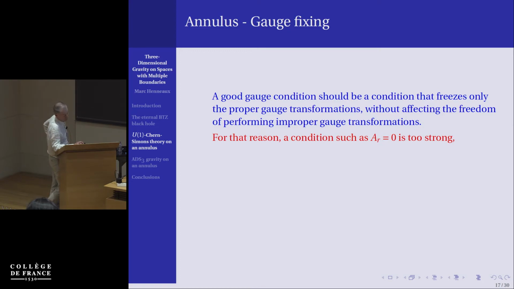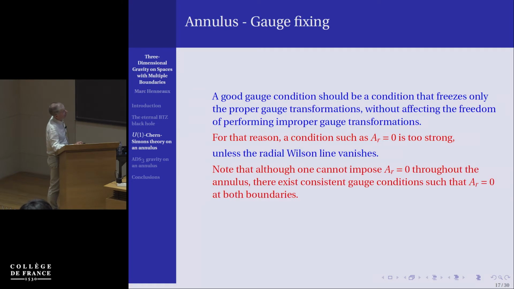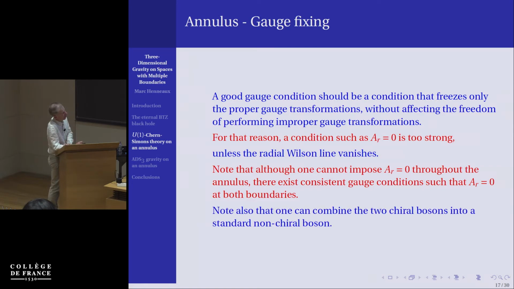So in general, you cannot impose that. However, and this is something we did in the case of three-dimensional gravity, it's very easy to see that you can impose that AR vanishes at the boundary without vanishing inside in the bulk.